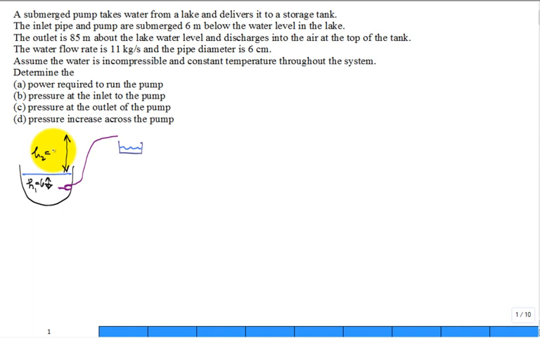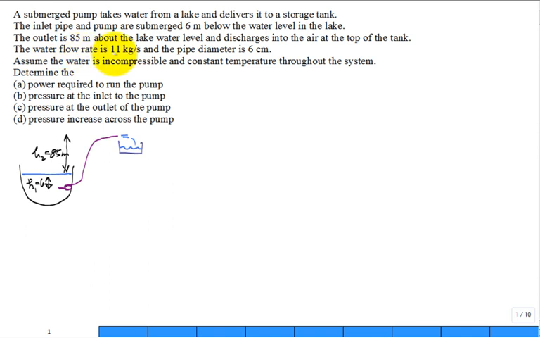H2 is 85 meters. And it discharges into the air at the top of the tank. So it's just going to spit the water out right here, which then falls into the tank. This is a great strategy for pumping water up into the tank, because if something goes wrong, it doesn't naturally drain the whole tank and push it back into the lake.